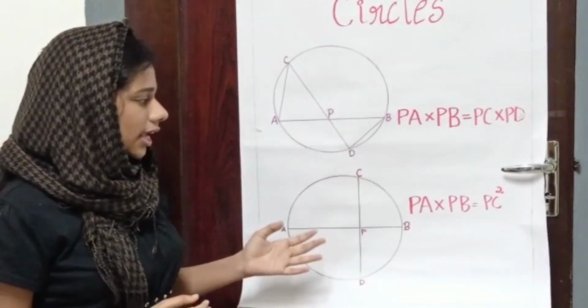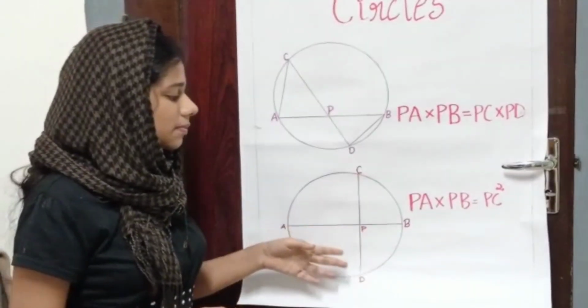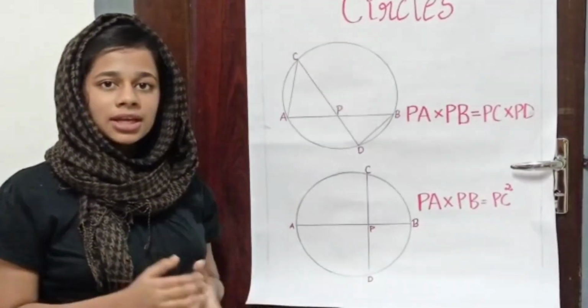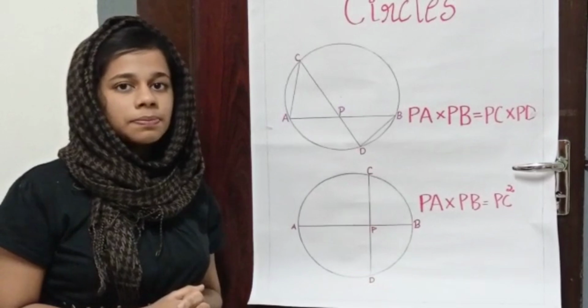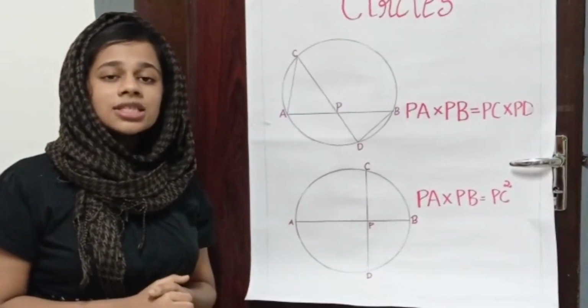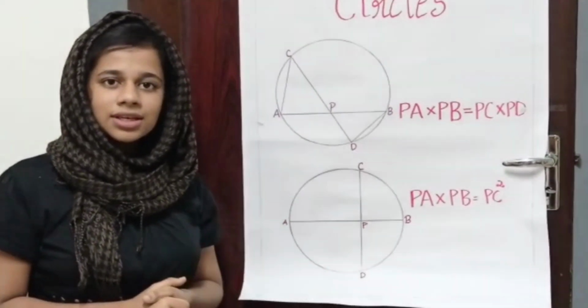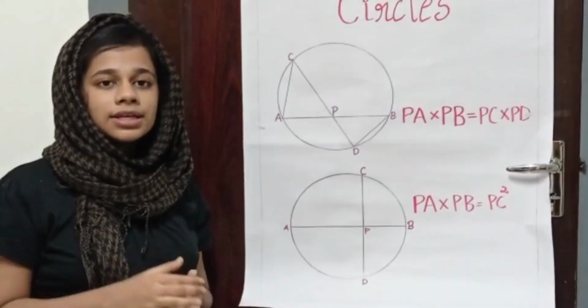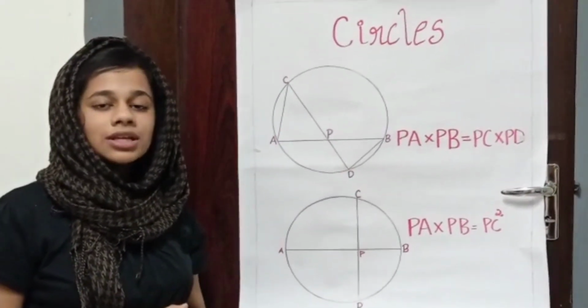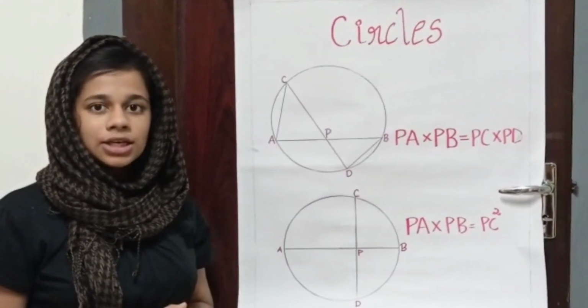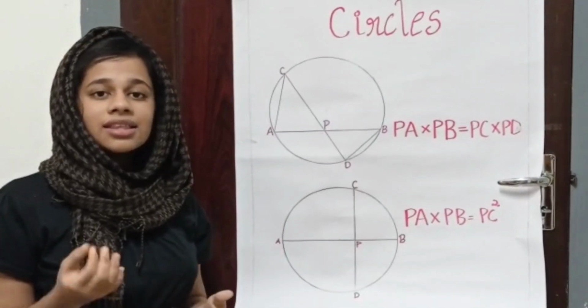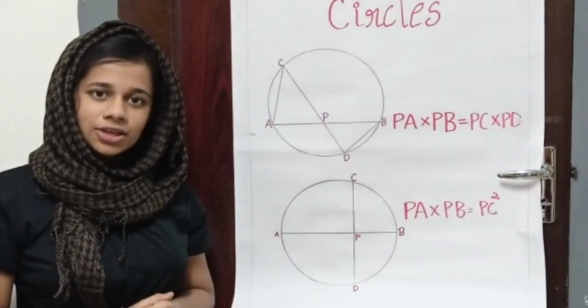In the next figure, AB is the diameter and CD is the perpendicular chord. We knew that PA into PB is equal to PC into PD. Since the perpendicular from the center of the circle bisects the chord, PD is equal to PC. So we can write PA into PB is equal to PC into PC, and that is PA into PB is equal to PC square. Thank you, Nessa.